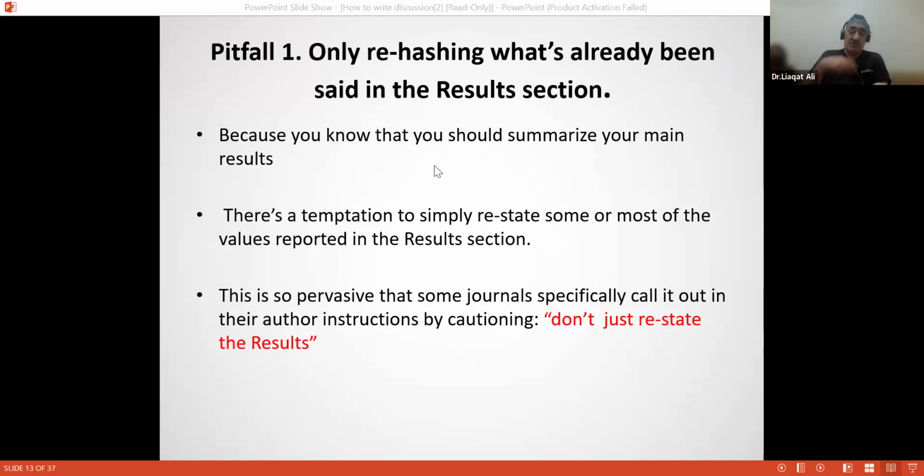It is so common that some journals specifically say in the instructions to authors: do not just restate your results. So this is pitfall number 1 in writing the discussion. Number 2, up again, next please.